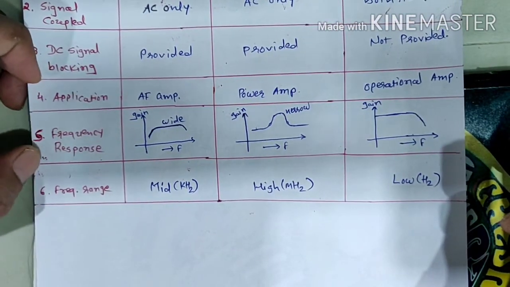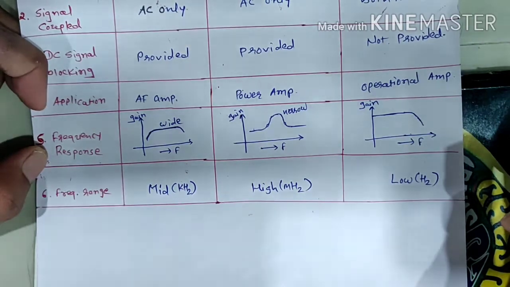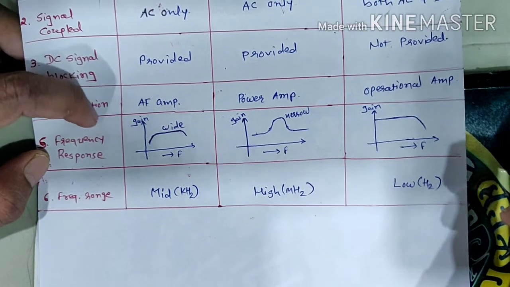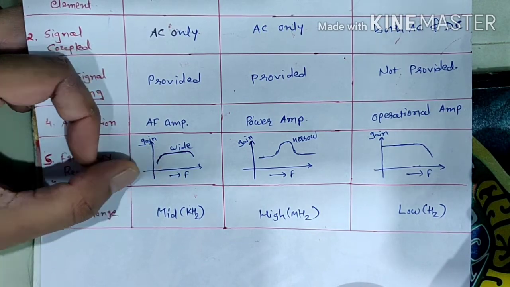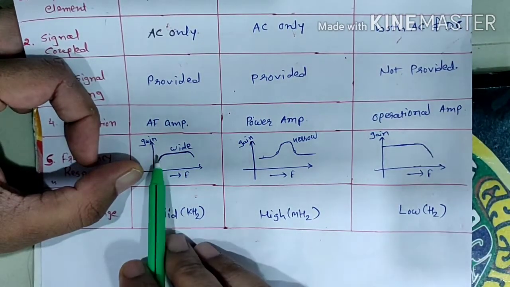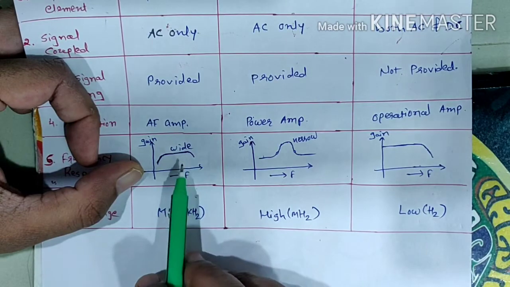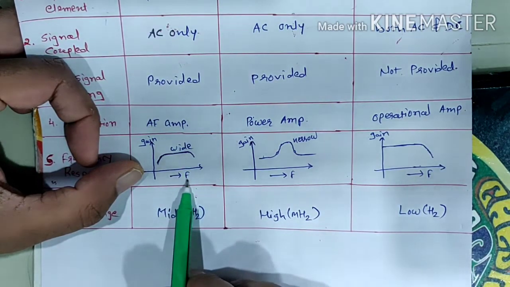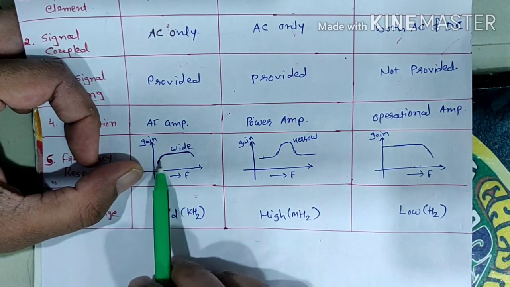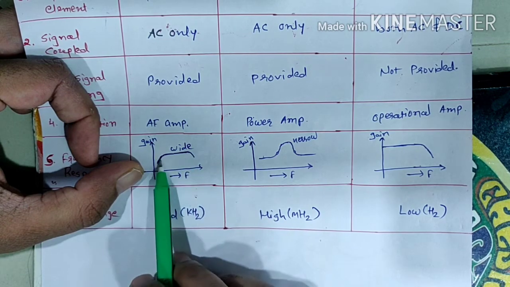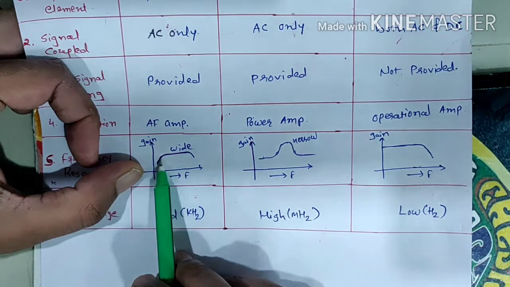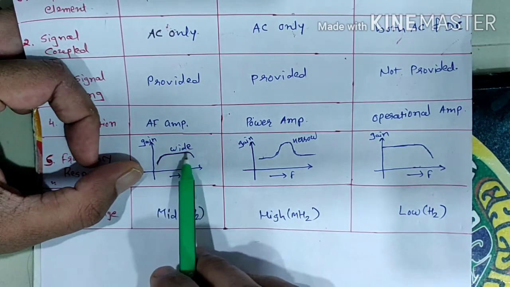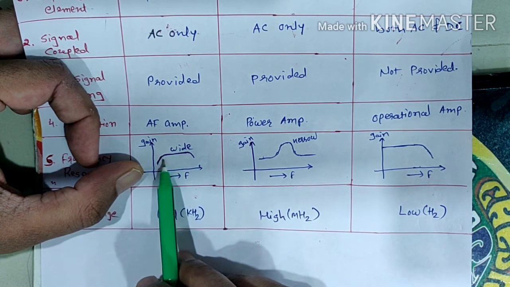Now the fifth comparison parameter, that is frequency response. As we know, in RC coupling the frequency response graph we achieve, which is nothing but frequency versus gain, is like a band. Some frequencies are not allowed at the start, and after that there is a lower cutoff point.